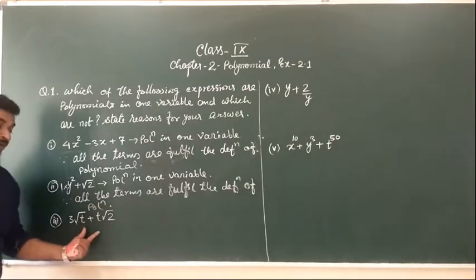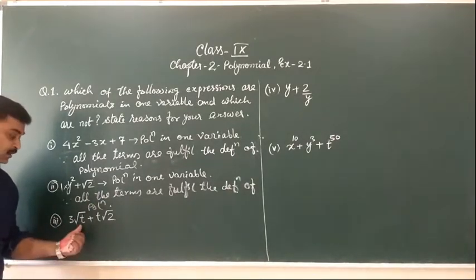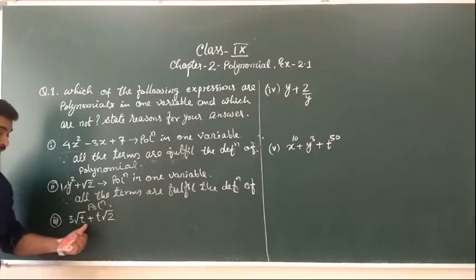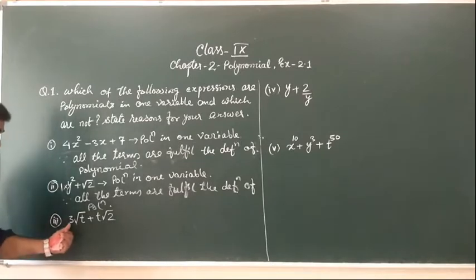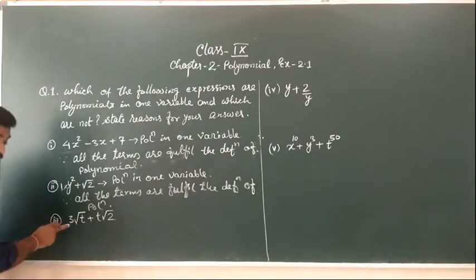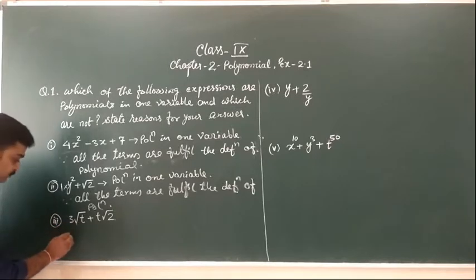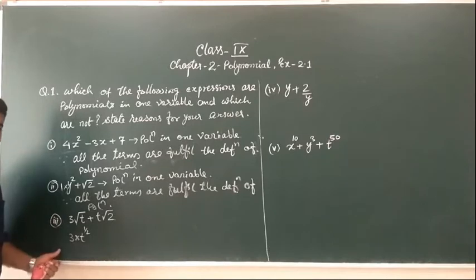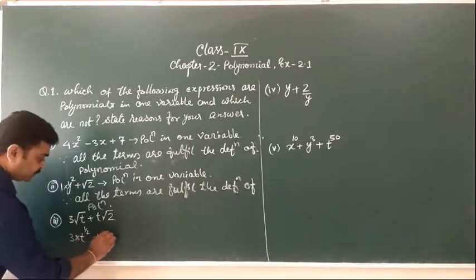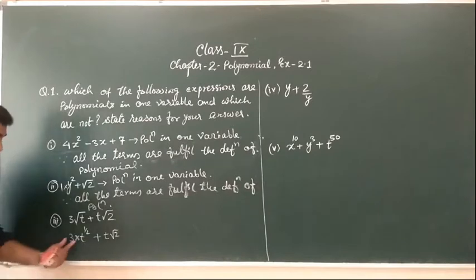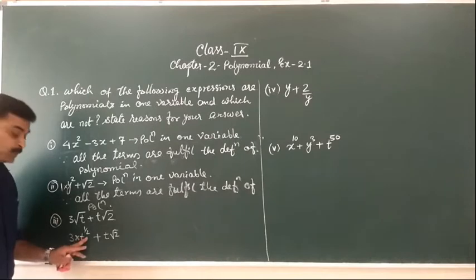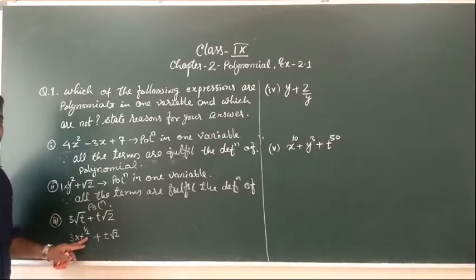Okay. In this third question, 3 under root t plus t under root 2. What is here? 3 under root t. That means 3 is a constant and t is a variable. So this can be written as 3 into t to the power 1 upon 2, plus t root 2. Here only a single variable, but the power of the variable is not a whole number. It is a rational number.